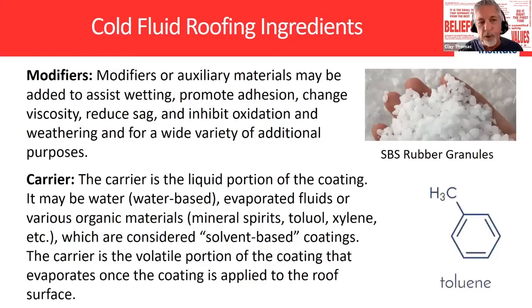Some of you work on cars, and some oil flows good, some flows slow, so it depends on whether I'm using my car in cold weather or hot weather. Reduce sag. Sag is when that coating might hang on the wall and then drip within itself. Inhibit oxidation, weathering, and a wide variety of additional purposes.